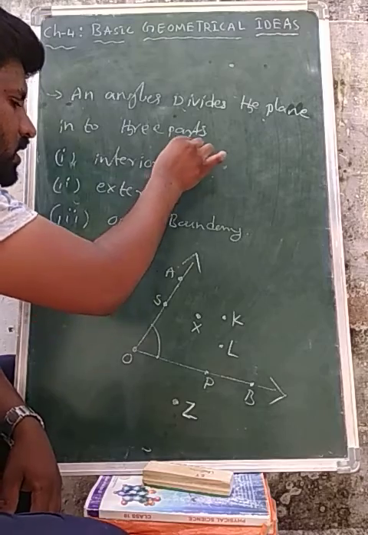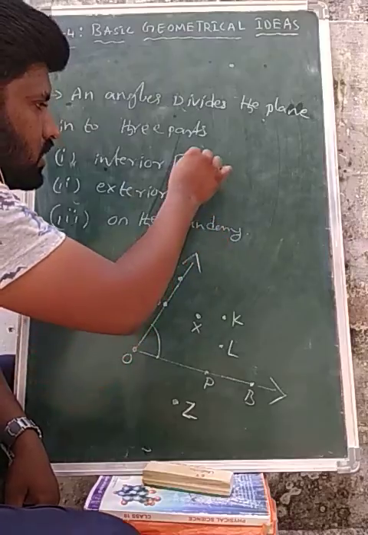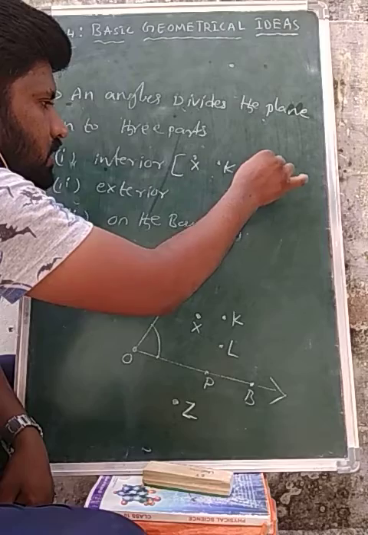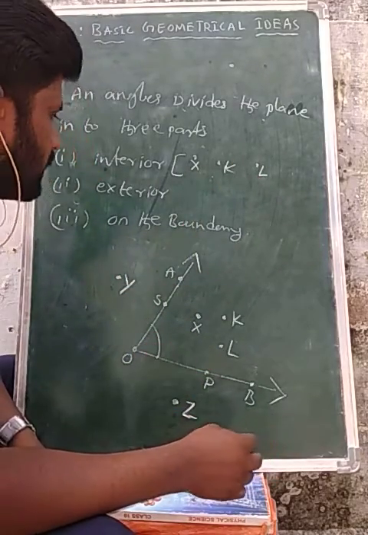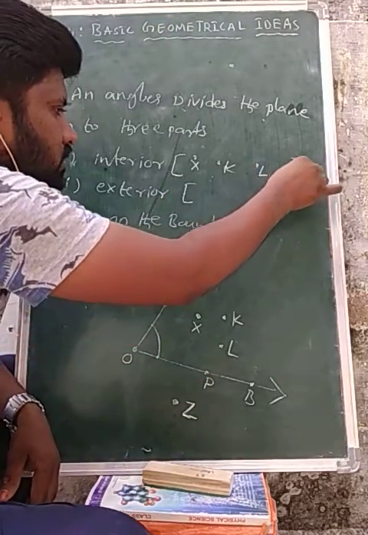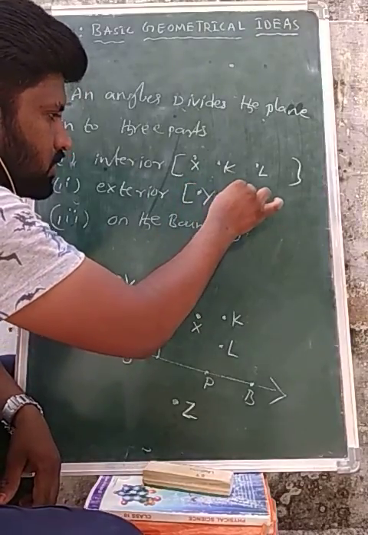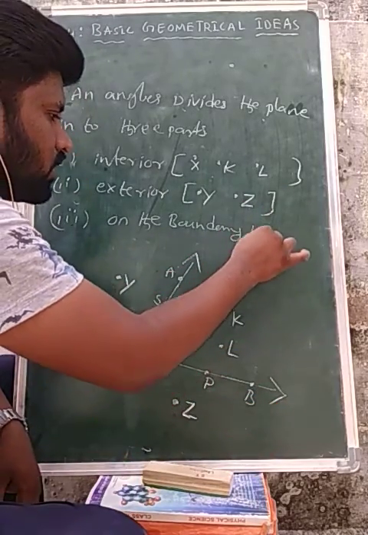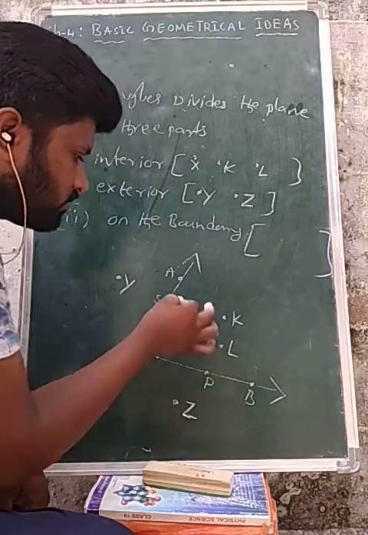Now, what are the points in the interior of angle AOB? That is X, K, L. And what are the points exterior, completely outside? Y, Z. And what are the points on the boundary, exactly on AOB?